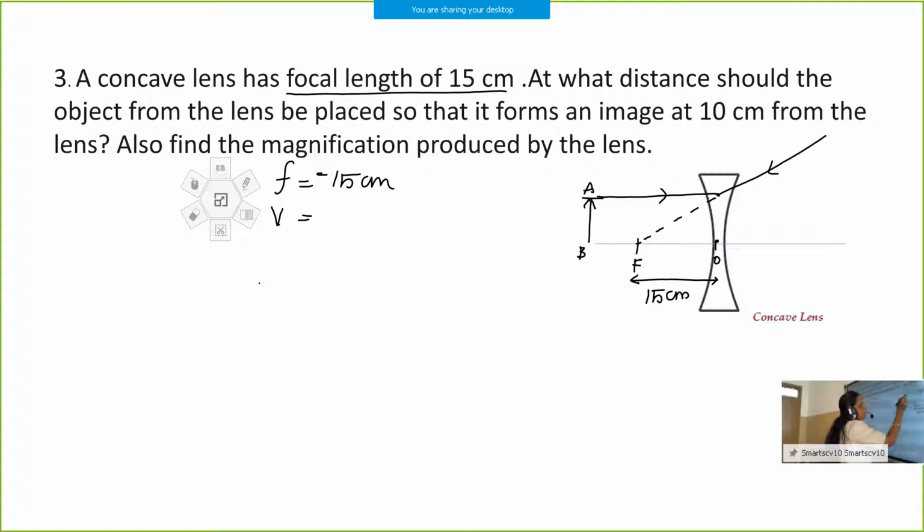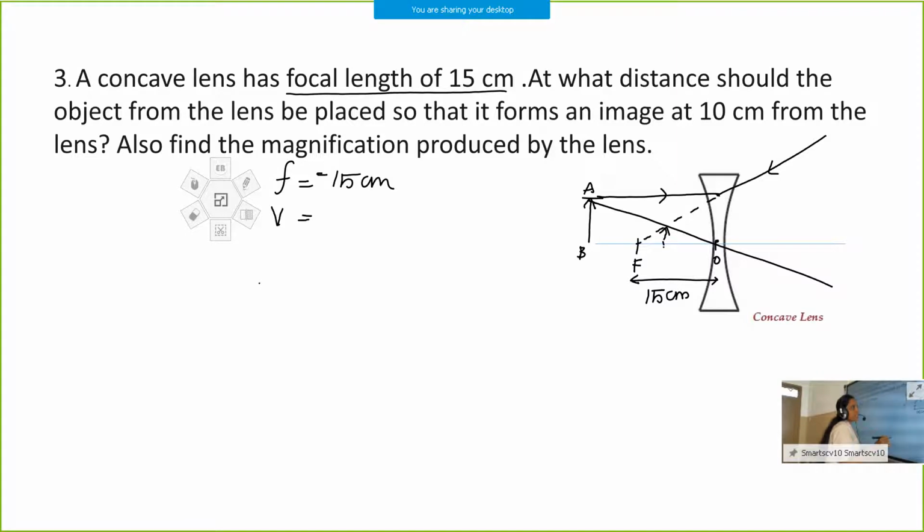So how will you find out the position of the image? You have to draw two rays, isn't it? The first ray, which I have drawn, is the ray which is parallel to the principal axis. After refraction, it appears to diverge from the focus. The second ray which passes through the optical center goes undeviated. So you can see that the two rays meet at this point.